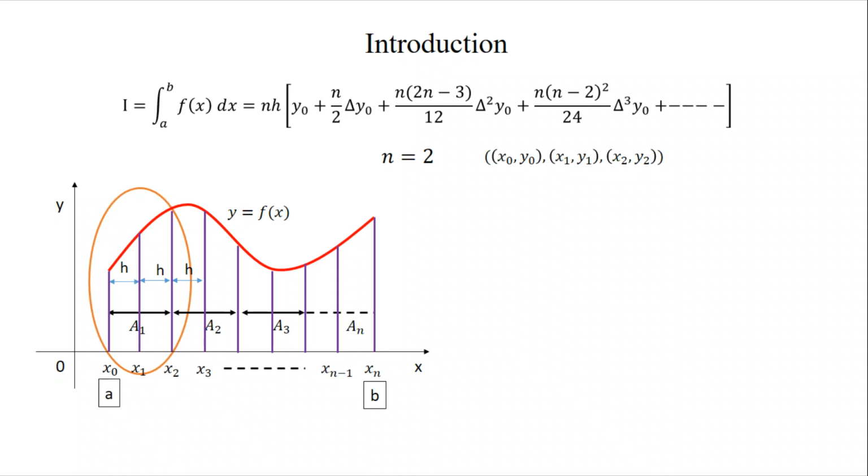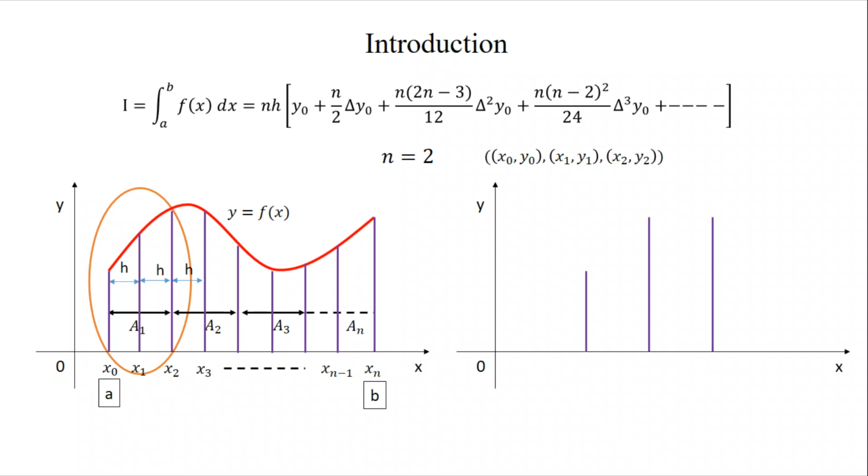So consider the first two strips and we put in the x and y coordinates. This is the curve with the related coordinates on the x-axis x0, x1, x2. We consider a as the initial limit and b as the final limit for the first two strips. The area is a1 and the step size is h.